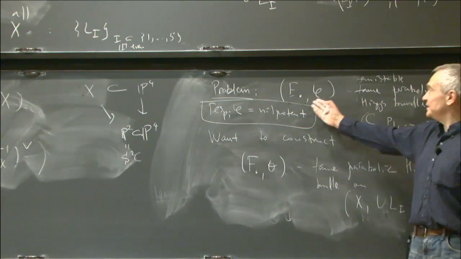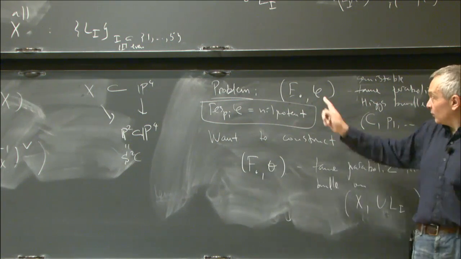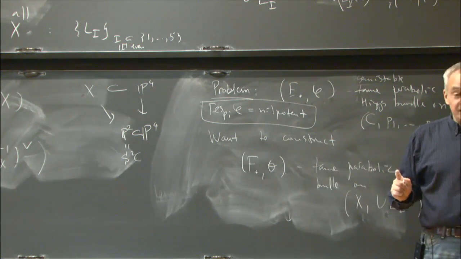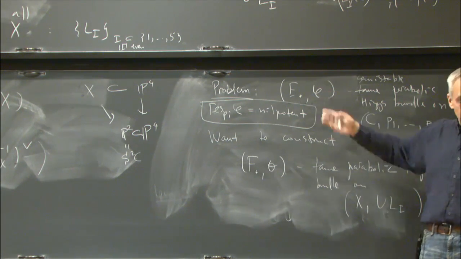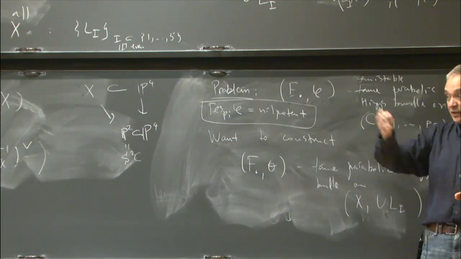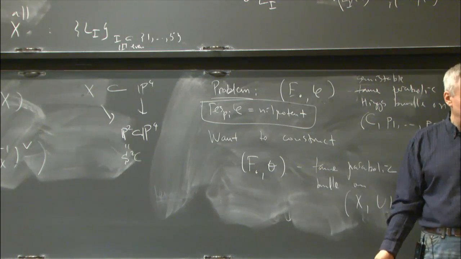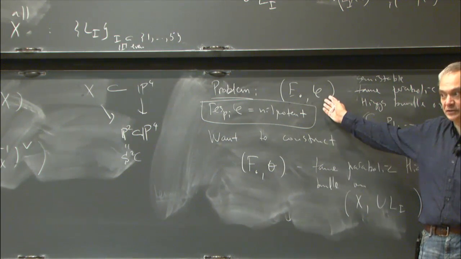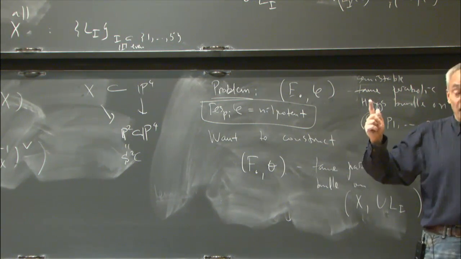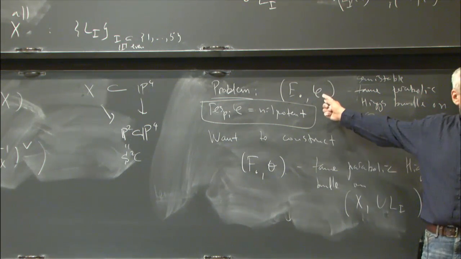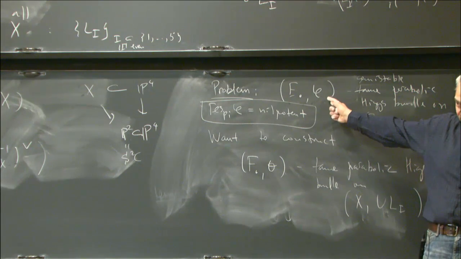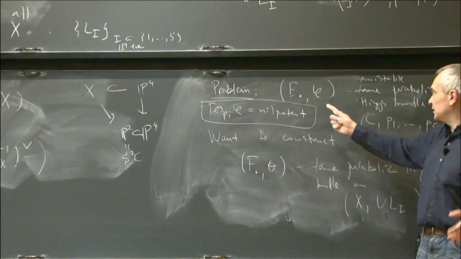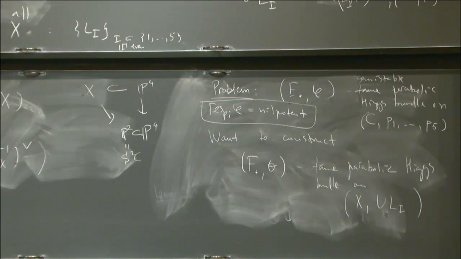So what this really says is that phi determines the parabolic structure at each of the 5 points and, up to scale, is determined by the parabolic structure at each of the 5 points. But of course phi has one more point at which it's nilpotent. So phi, where is phi?